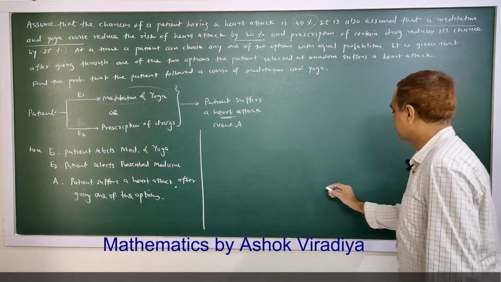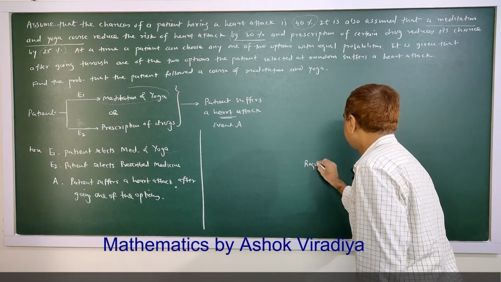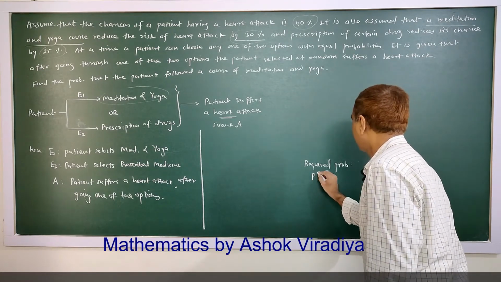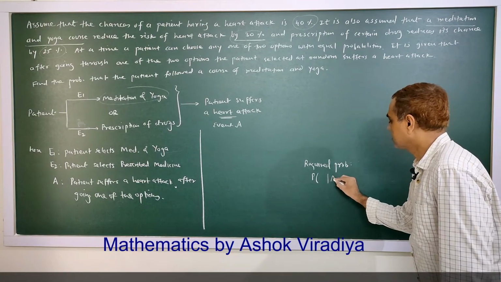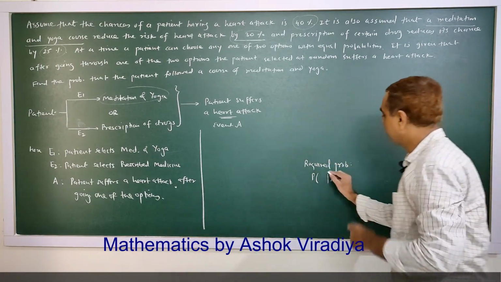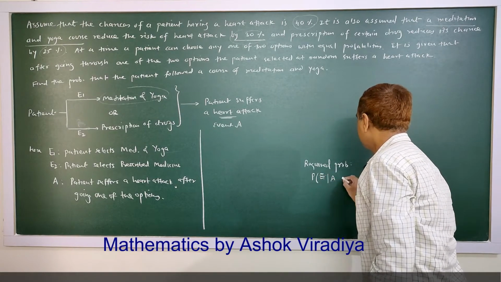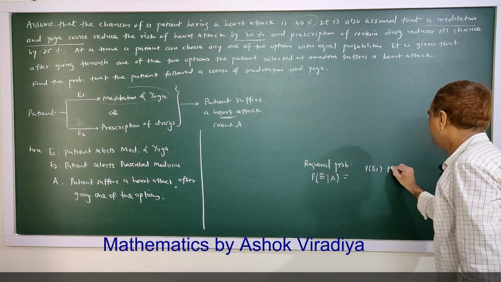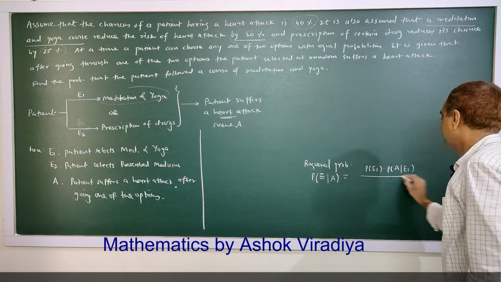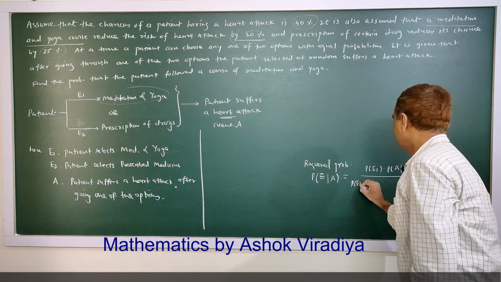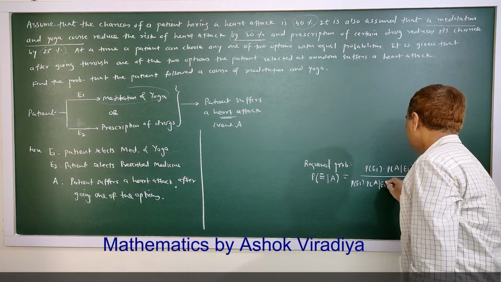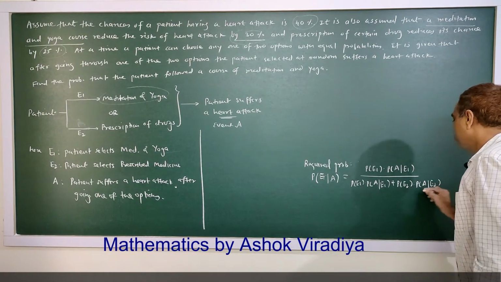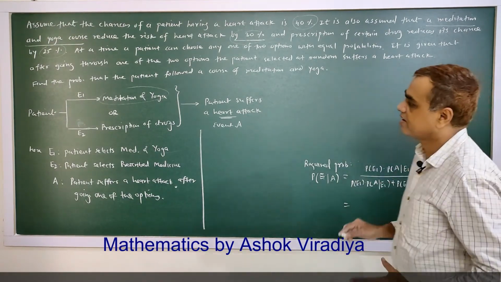Here the required probability is P of E1 by A, which is P of E1 into P of A by E1 upon P of E1 into P of A by E1 plus P of E2 into P of A by E2. So putting values in this formula, we can find the required probabilities.